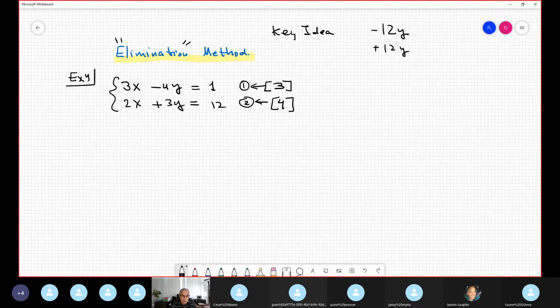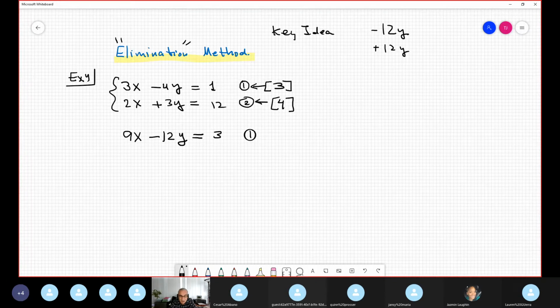So now you multiply the entire equation 1 by positive 3. We have 9x minus 12y equals 3, because 3 times 3 is 9, 3 times 4 is 12, 3 times 1 is 3. And this is my new equation 1, 100% equivalent to the original.